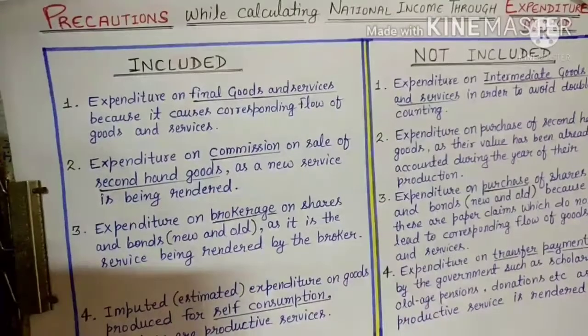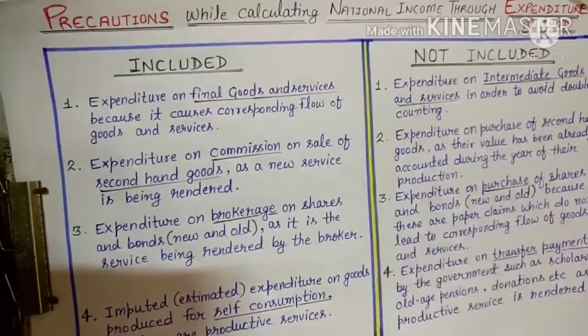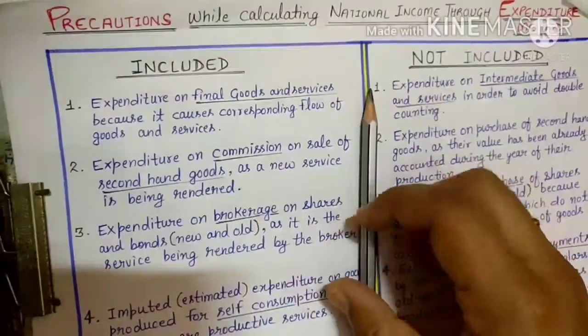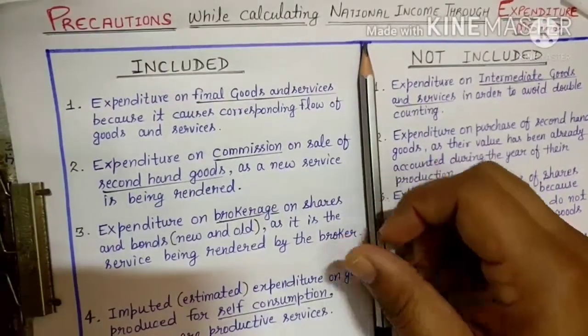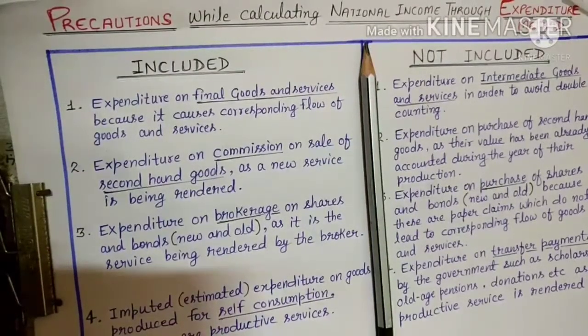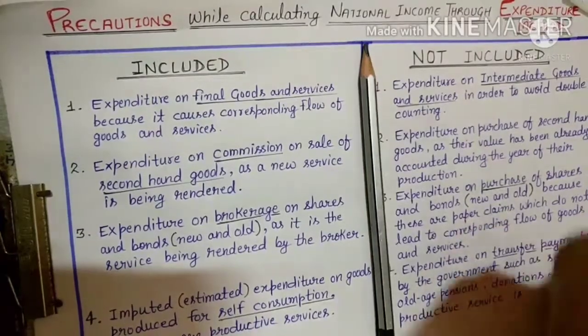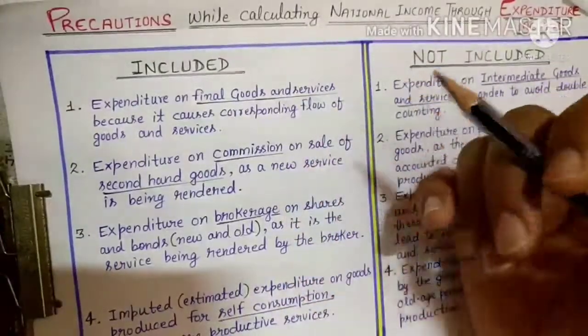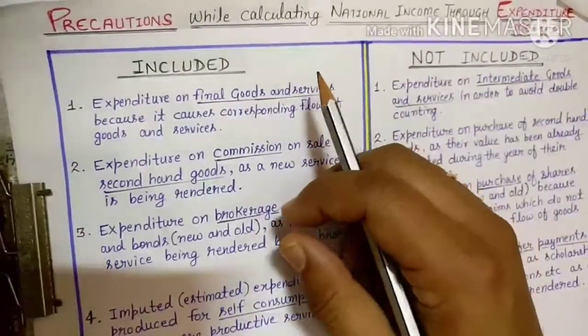Sometimes we do not get buyers easily when we want to sell a second-hand bike. So an intermediary, or a medium person, who gets the commission, comes in between.